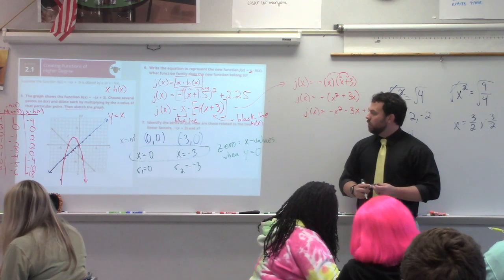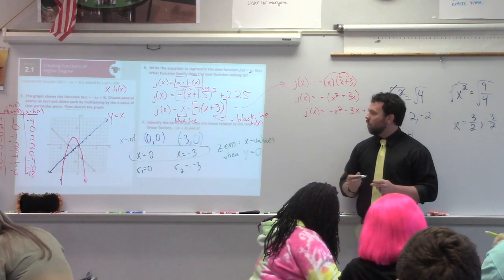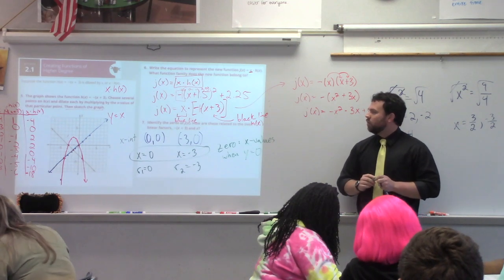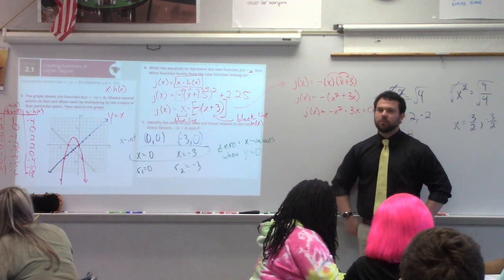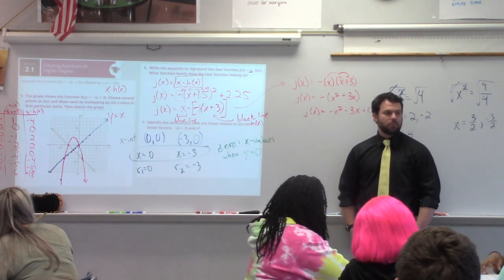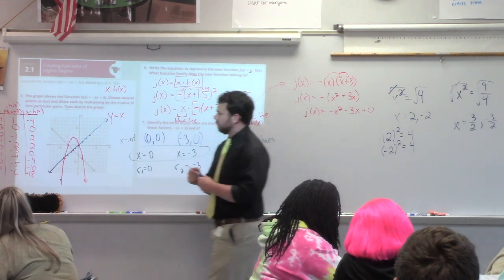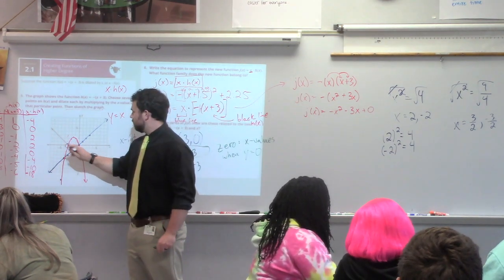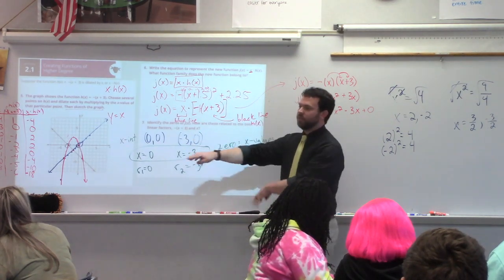But here's the important question. How are these zeros related to the two linear factors? I'm just circling those to point them out graphically.